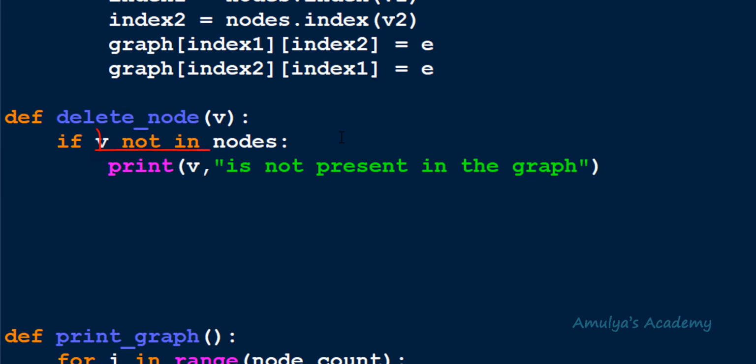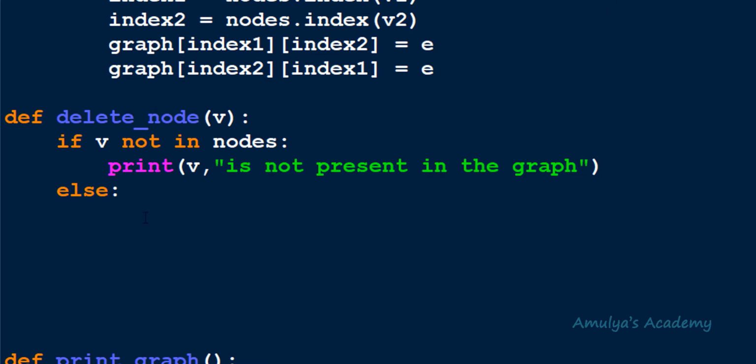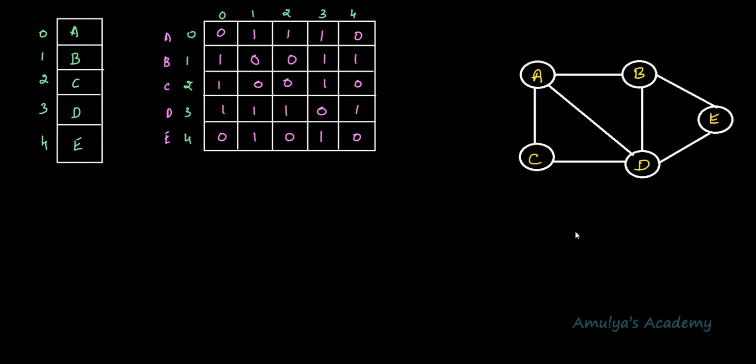If this condition is false, if v is present in nodes, that means the given node is present in the graph. So what do I need to do? I need to use an else condition here. If the control comes here, that means the given node is present in the nodes, that means it is present in the graph. Here I'll take an undirected unweighted graph.